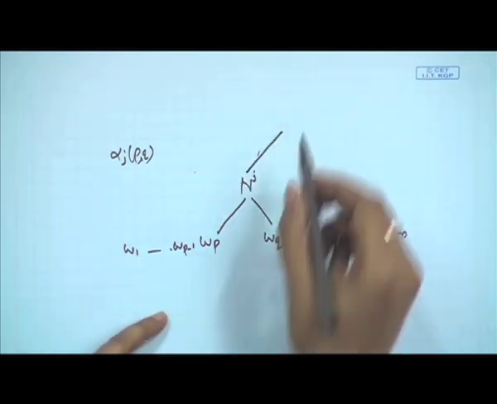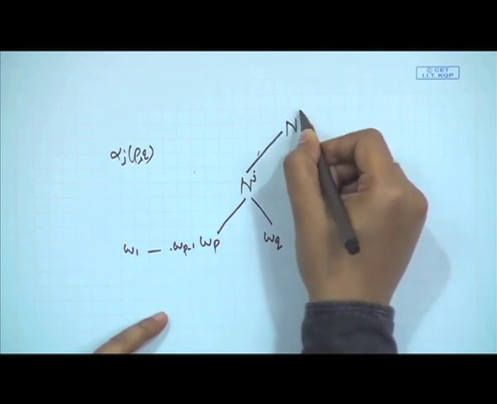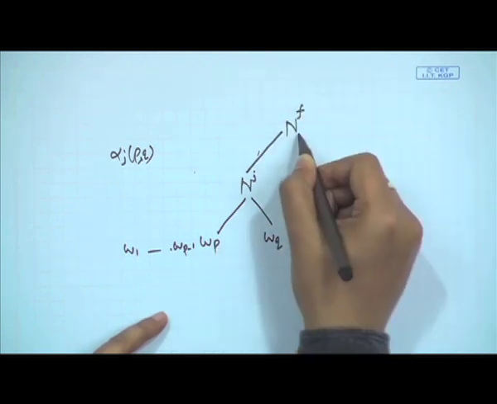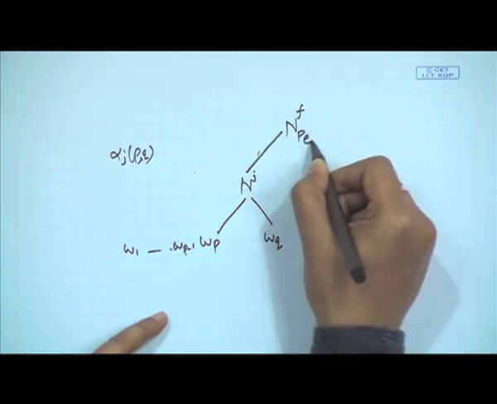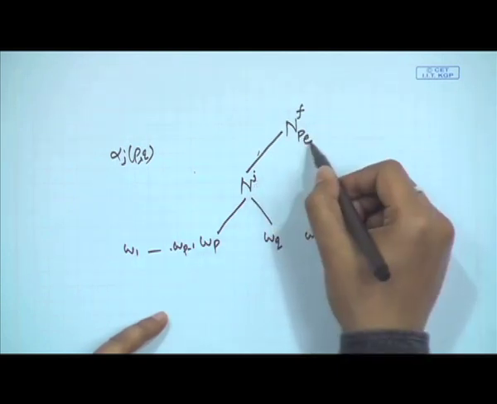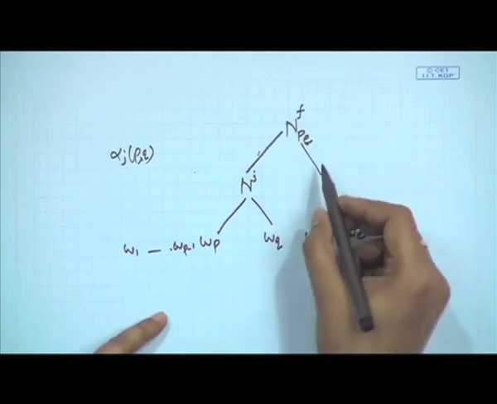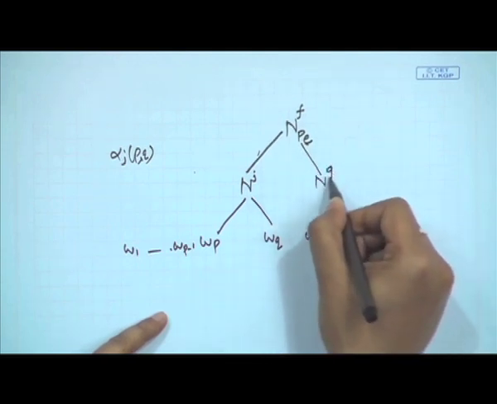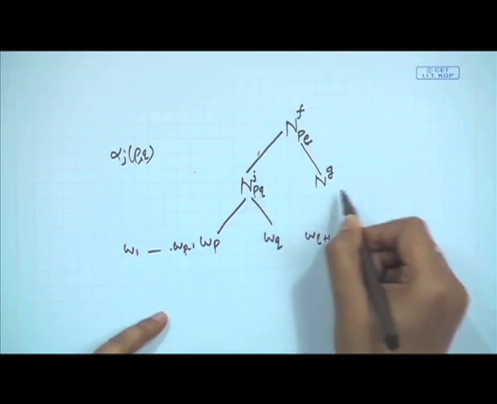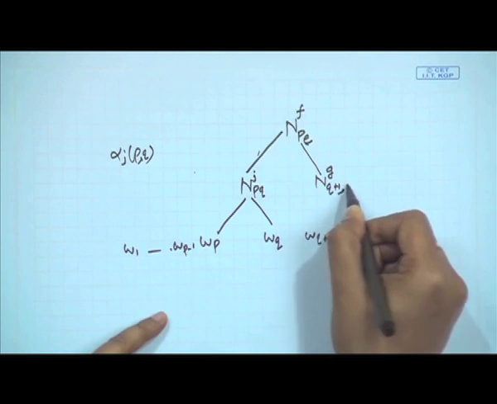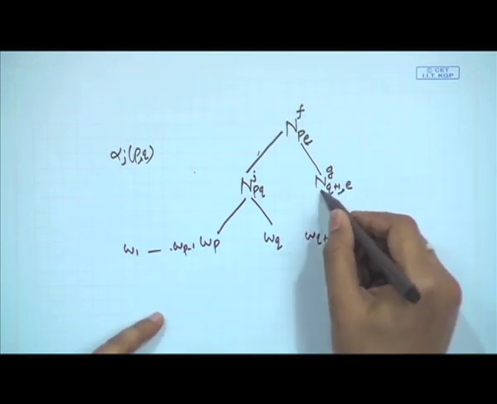So there is some non-terminal nf, starting from p up to some e, that derives nj and some ng. This is pq, and this would be q plus 1 to e. So this is deriving q plus 1 to e.